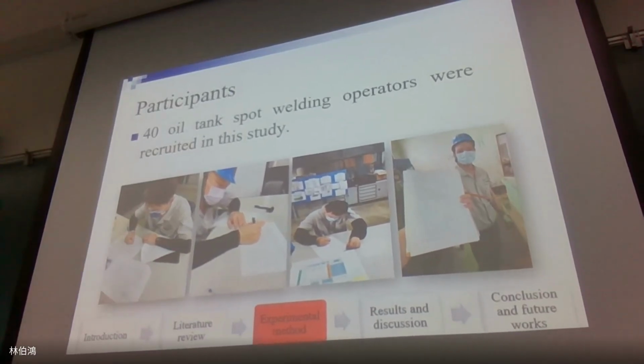But for the tank spa welding operators in this factory, there are not too many operators, so we could collect 40 operators to fill in the MNQ questionnaire. You can see they have to fill out a lot of forms, so maybe it takes at least 30 minutes.